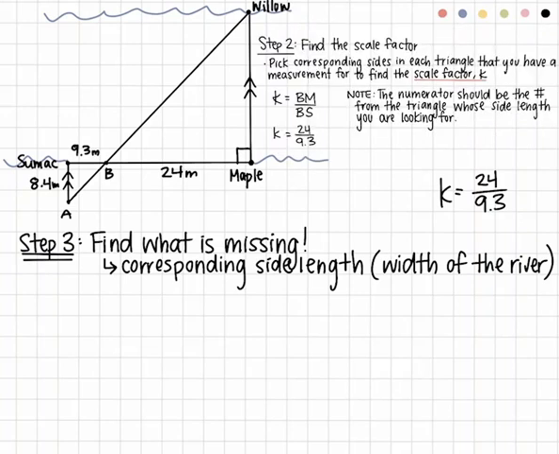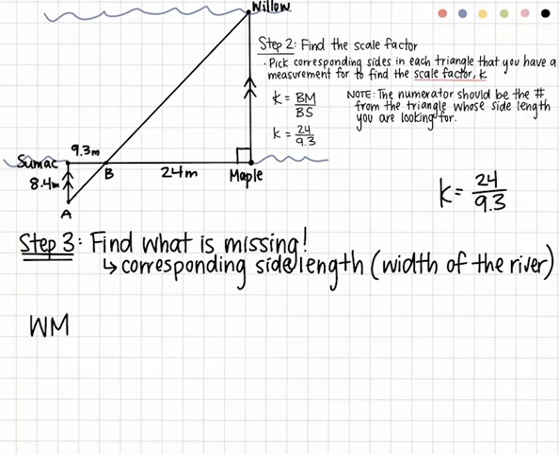Okay, I just moved some things around here because I wanted to keep step 2 on the page somehow. I know it's really tiny, but I think it's better than nothing. Okay, so step 3, we're going to find what is missing. So in order to find the missing side length, first of all, what is my missing side length? Well, I see that it's WM.